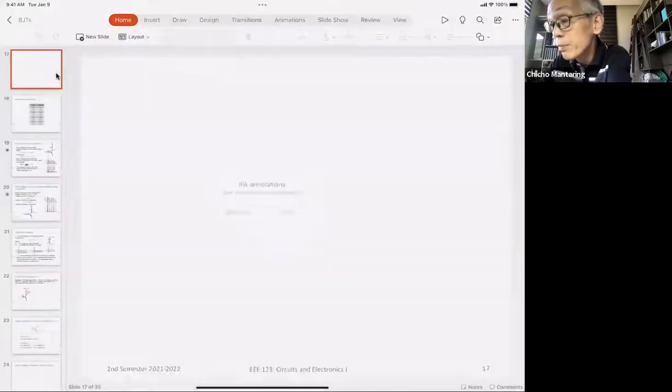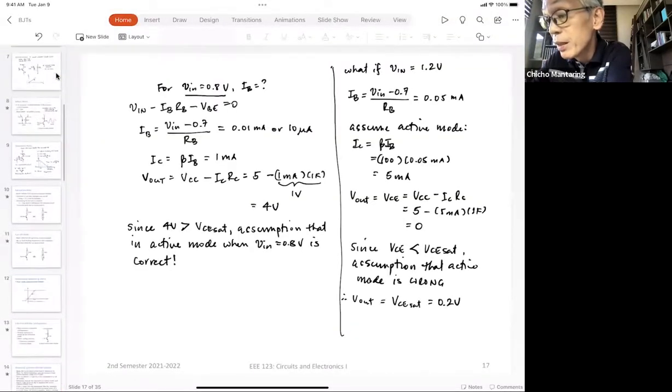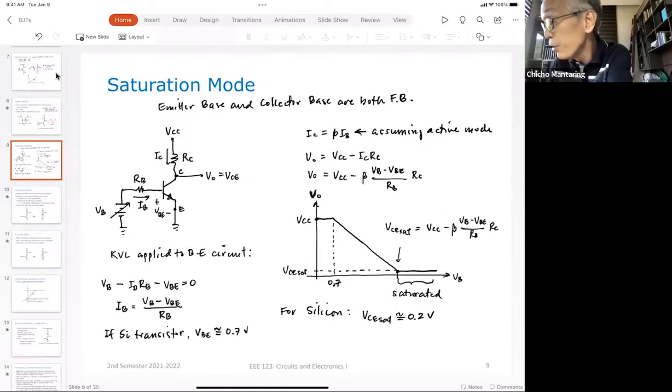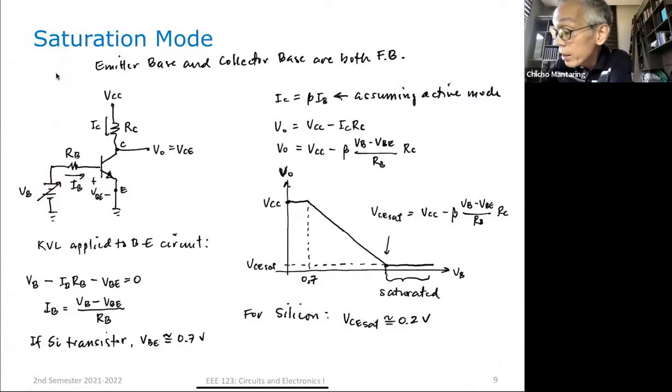If you recall this, we reached a point that we thought we're already here, but actually it would not have gone beyond this. Because VCE will continue to go down, but when it reaches VCE SAT, it will stay now at VCE SAT.